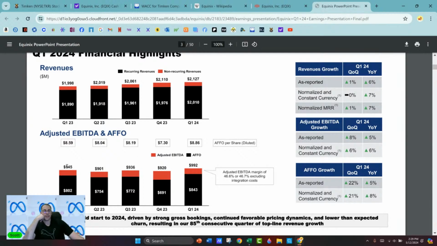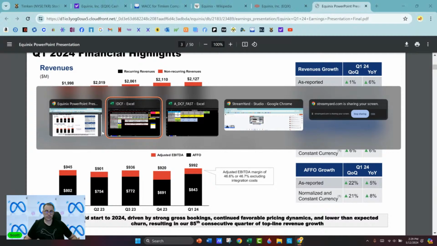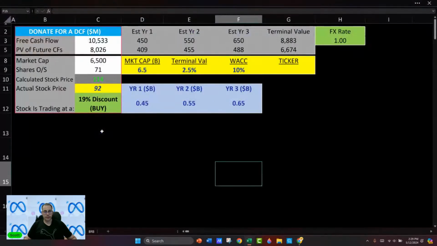Adjusted funds from operations. That's how you usually compare REITs, from FFO. So FFO equals net income plus depreciation minus the gain on sale of real estate.